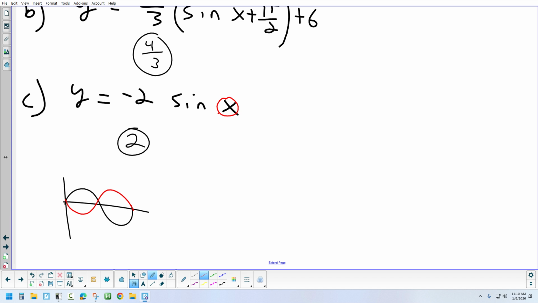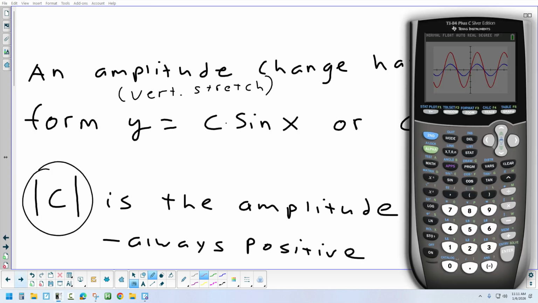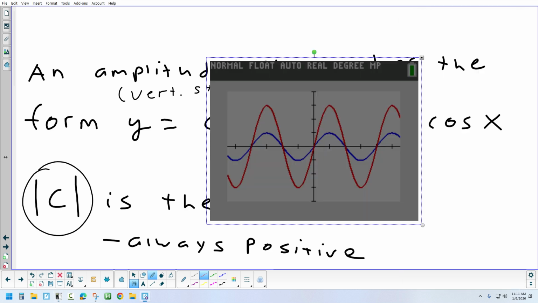Okay, so the next step is to find those 5 points that are going to make up our new chart. Which values are not affected by stretching up and down? Yeah, x values are not going to be affected at all. All you're doing when you stretch is you're taking a point that was here and you're moving it up there.